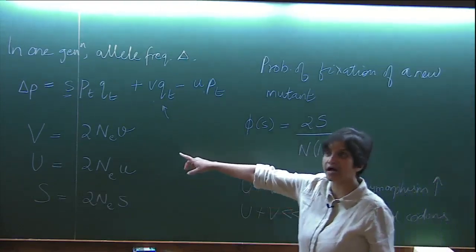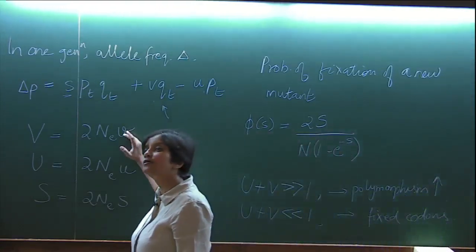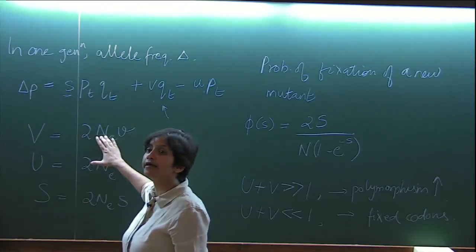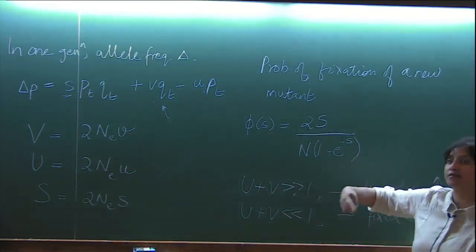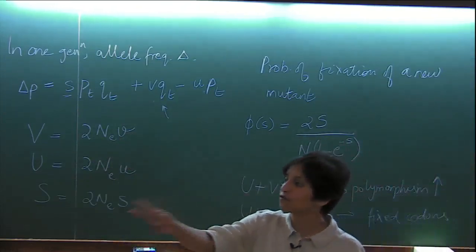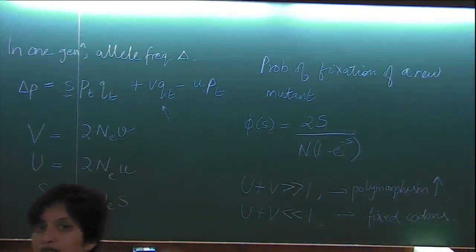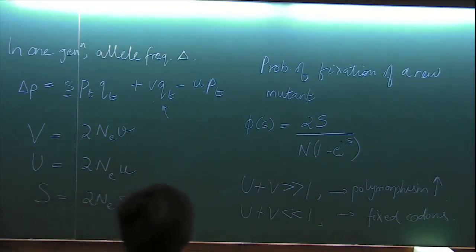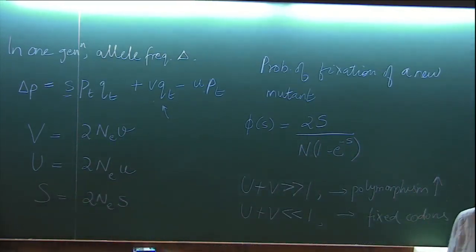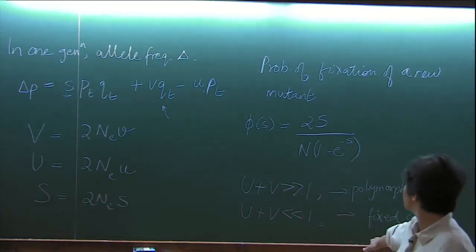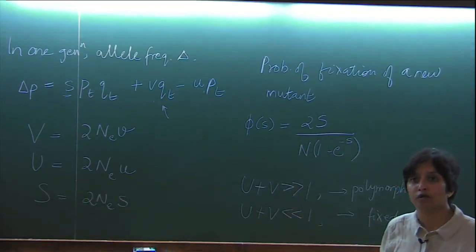Either your mutation rates are high, u and v, or NE is very high, right? So in a very large population, again, you will end up sampling repeatedly all the different codons because of mutation. And so you will see more polymorphism at any codon site and across sites. Whereas in a small population, you are more likely to find fixed codons.